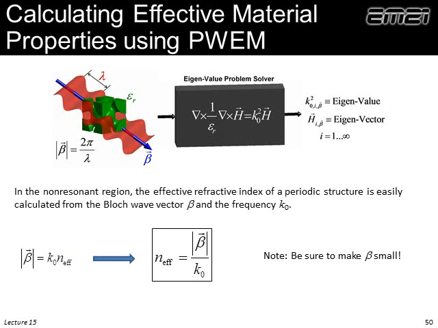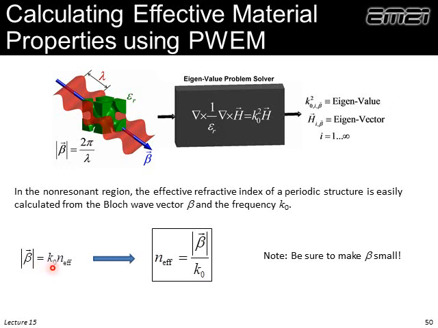We give it the Bloch wave vector. The Bloch wave vector is 2 pi over the period of that wave. If we know the frequency of that wave, we will know the free space wave number. The frequency of the wave will come out in terms of the eigenvalue. So at first we'll give it a Bloch wave vector. The plane wave expansion method, or whatever we use to solve the eigenvalue problem, calculates our free space wave number.